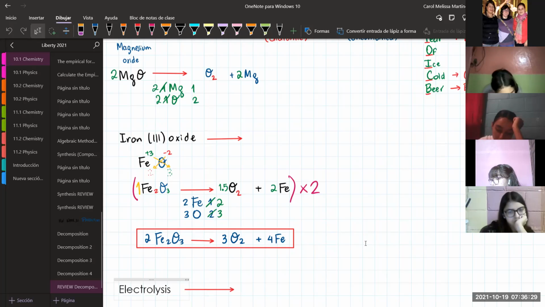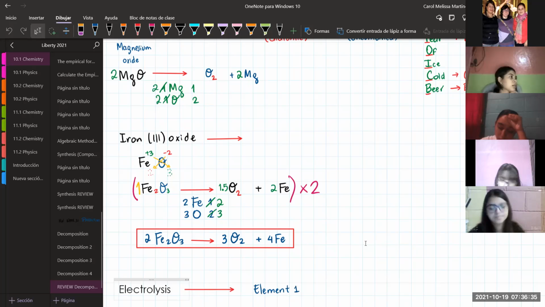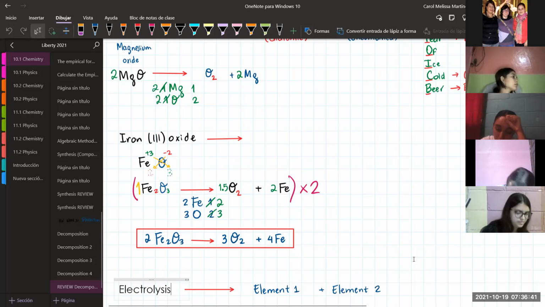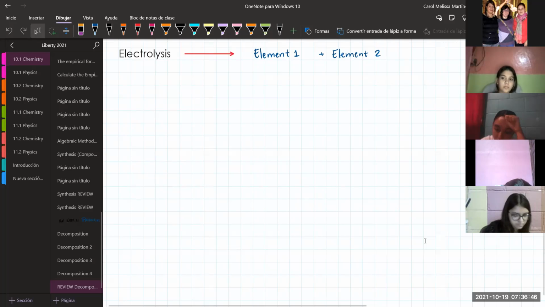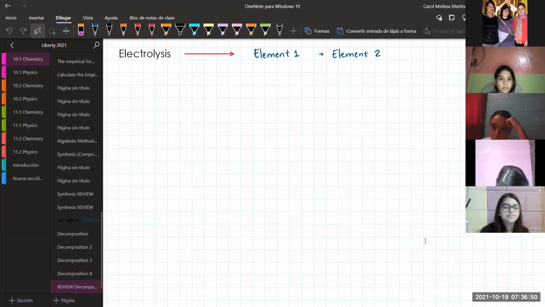Electrolysis is whenever we use electricity to break down compounds.